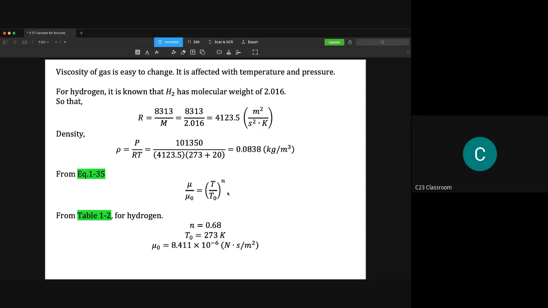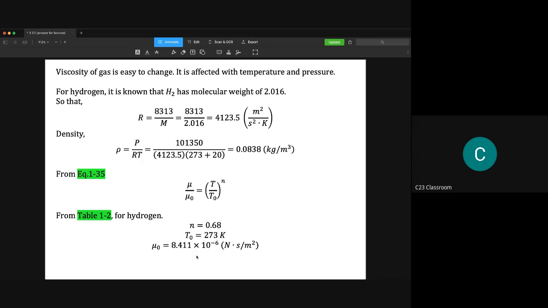And then the N here is actually the specific number that we need to get from Table 1.2. You could refer to your textbook, and I think I already uploaded the table for this chapter on my website. Then we substitute all the values, and we get that mu naught here is the representative or reference value of dynamic viscosity for hydrogen.